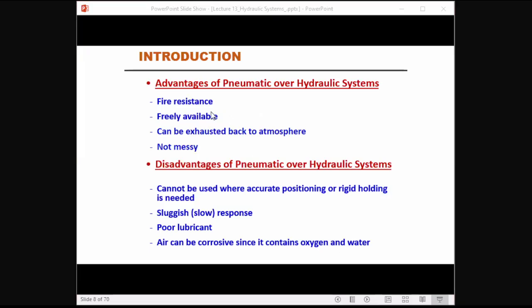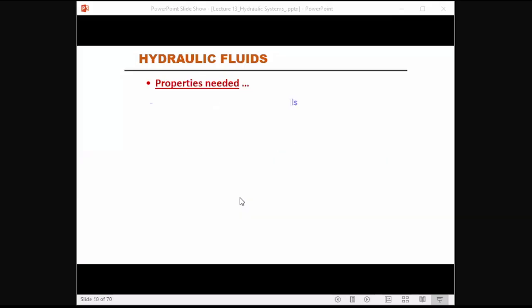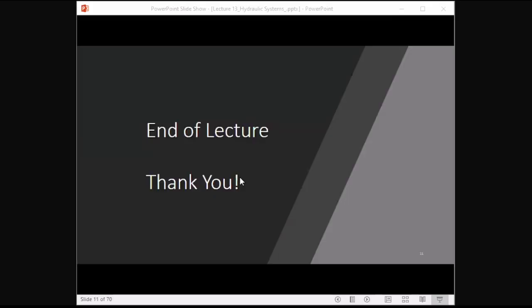Okay, so these are the advantages and disadvantages. Then the primary functions of hydraulic fluid, properties, we already discussed this part.